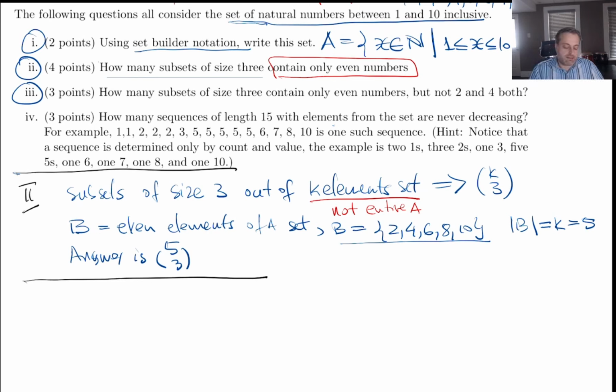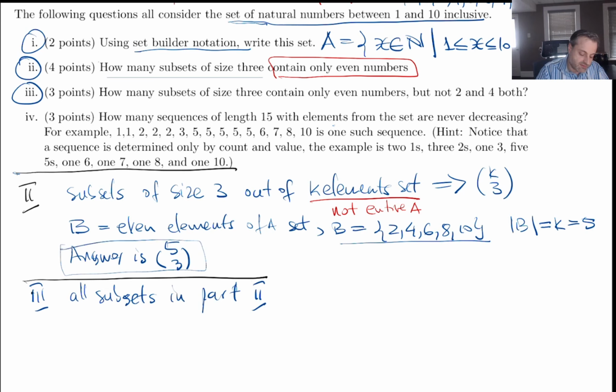I think a reasonable approach would be to say, okay, it's all subsets in part 2, the one we just counted, except the ones that fail the restriction.